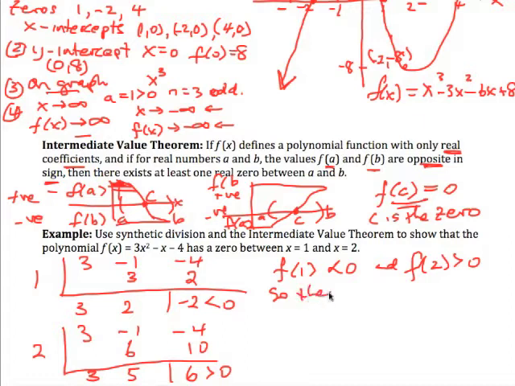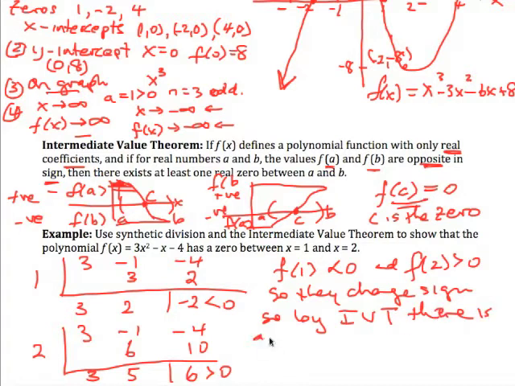So they change sign. So by the intermediate value theorem, there is a number c in the interval 1, 2, where f of c is equal to 0.